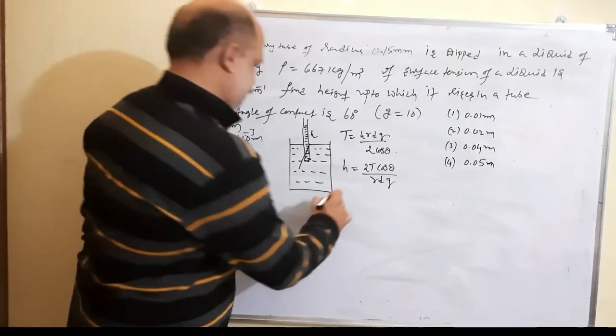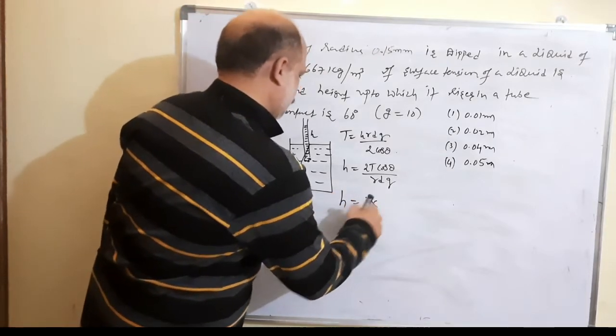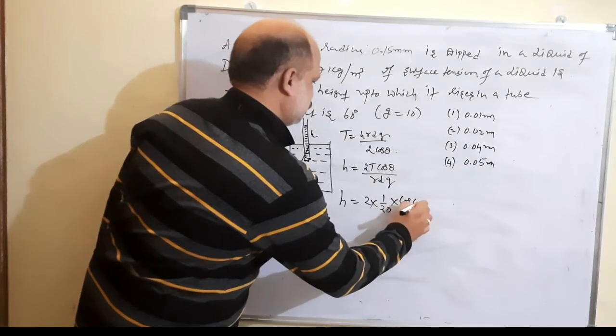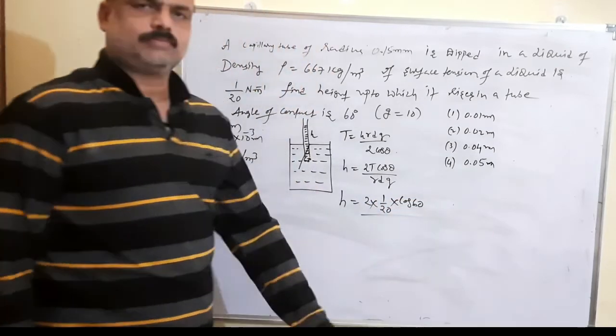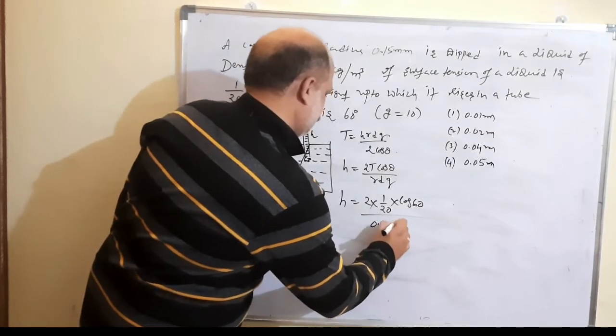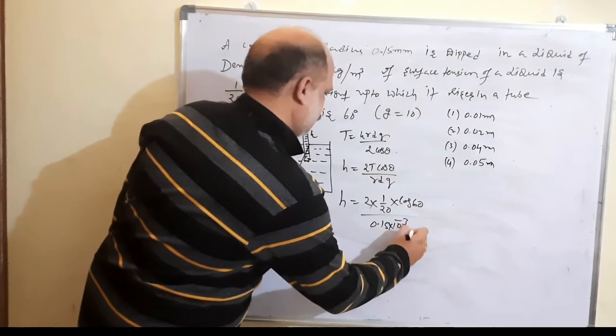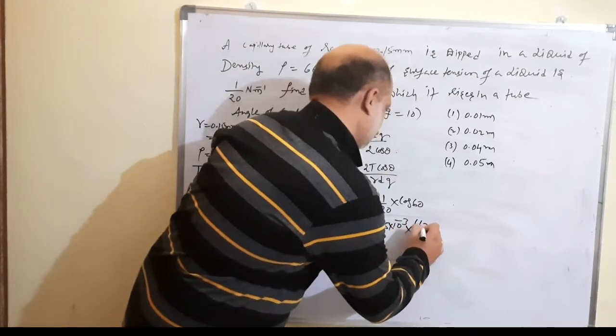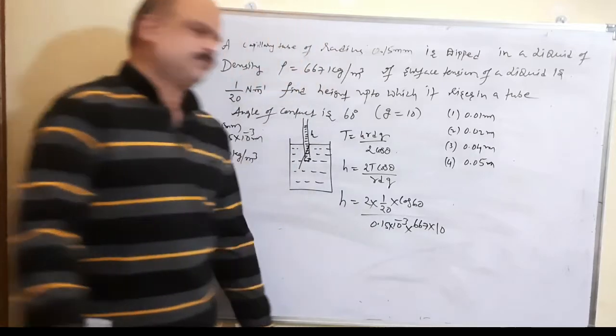Now solve this problem. h is equal to 2 into T, that is 1 by 20, into cos 60 divided by r, 0.15 into 10 to the power of minus 3, into rho 667, g 10.